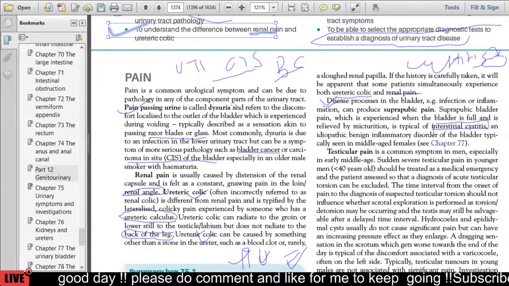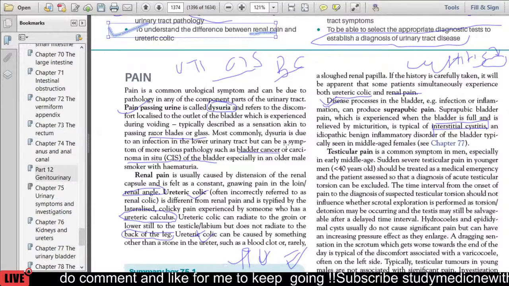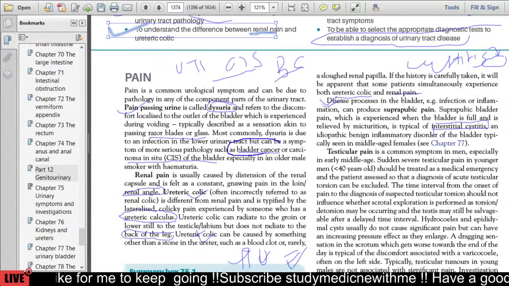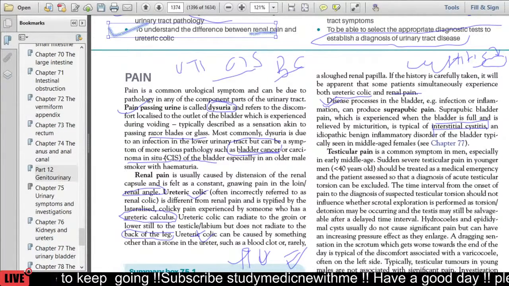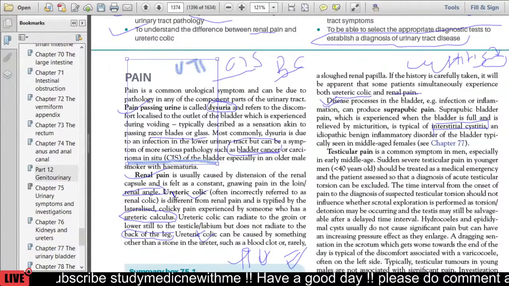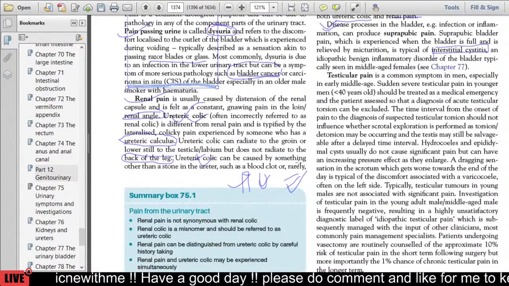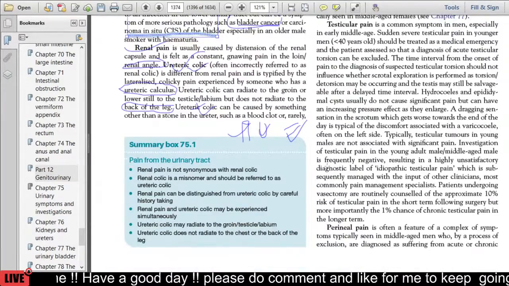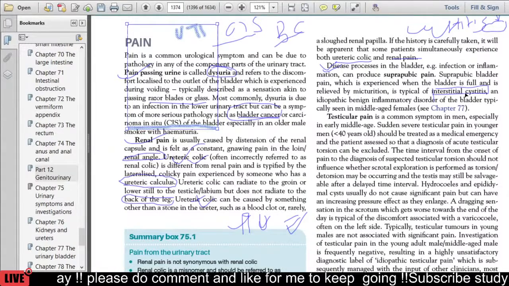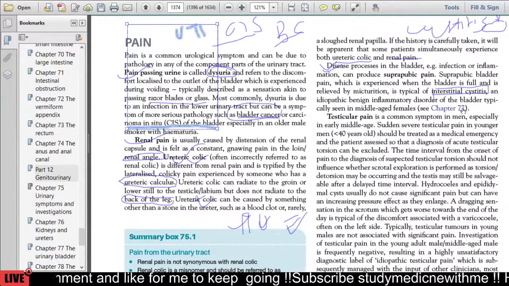We talk about dysuria and other causes of bladder mutilation, those are urinary bladder cancers and carcinoma in situ of the bladder. We also talk about the difference between renal pain and ureteric colic, and colic pain and renal pain other than the stone. And we talk about interstitial cystitis, what type of pain it causes.